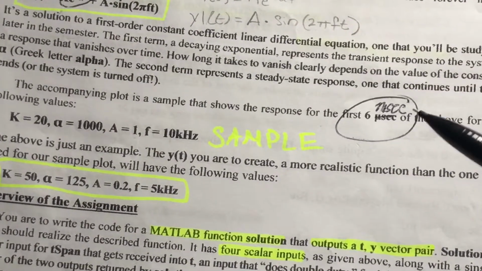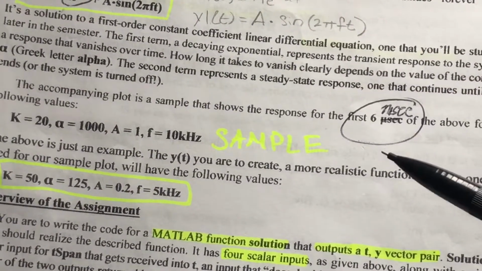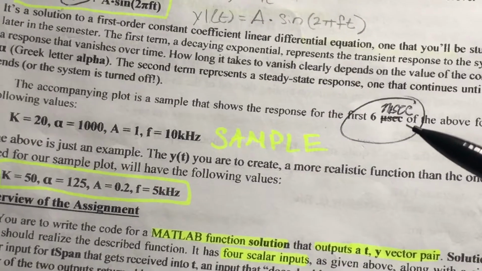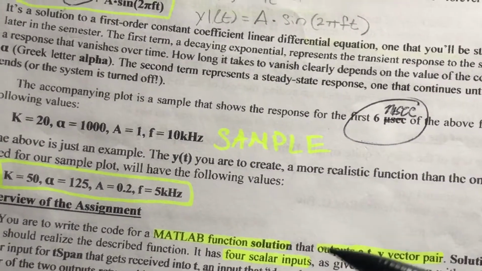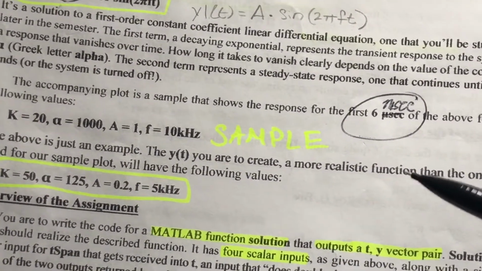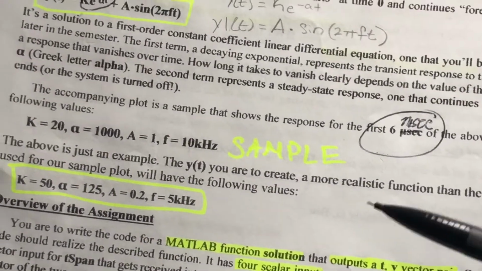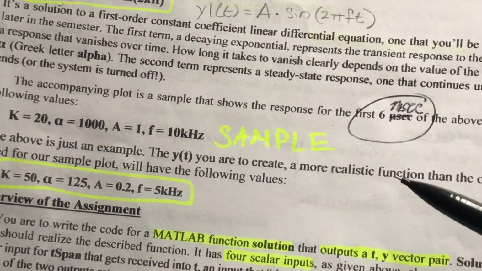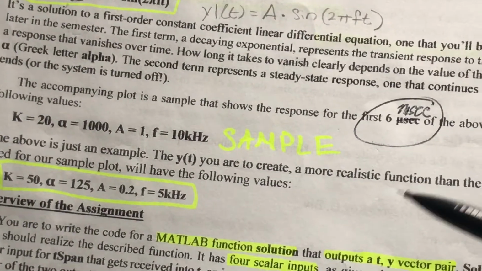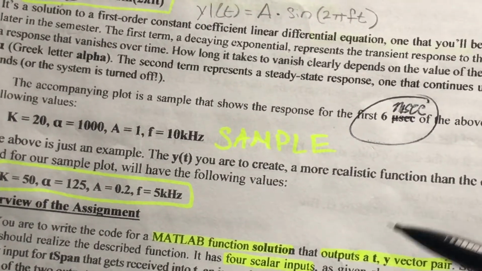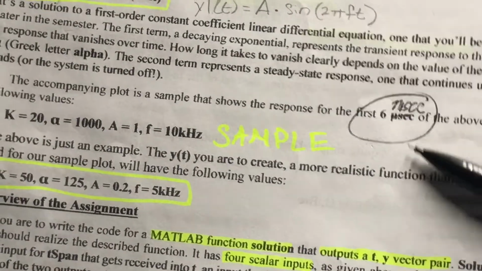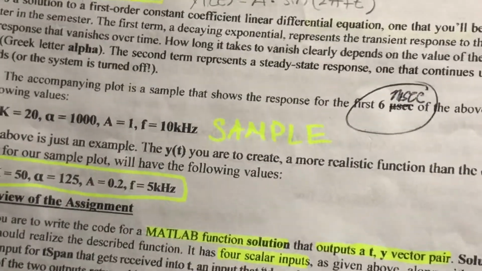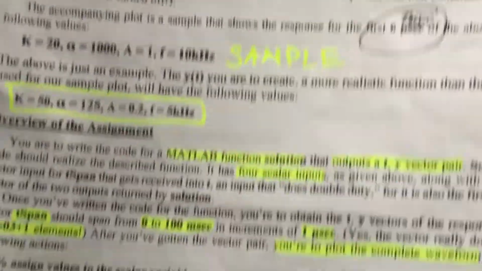Originally he wrote 6 microseconds, but actually you wouldn't get a wave with curves, with parabolas. You will get a wave that is only linear, a graph that's going straight rather than having waves. So instead of micro, you have to write milli. This is important, so let's keep on reading.